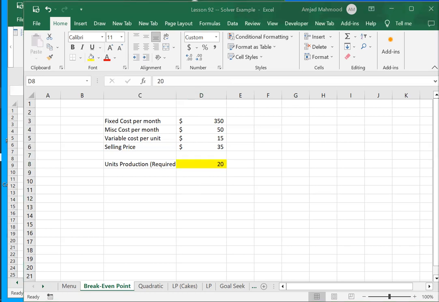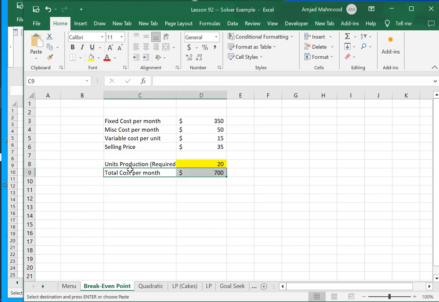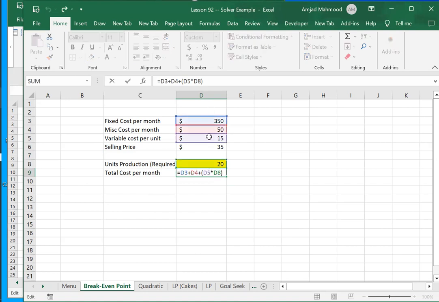And then you have X units, and then you have the total cost, right? The total cost is D3 plus D4, and then D5 into D8. D5 is the variable cost per unit, and D8 is the stock you have to sell, so that is multiplied by this.